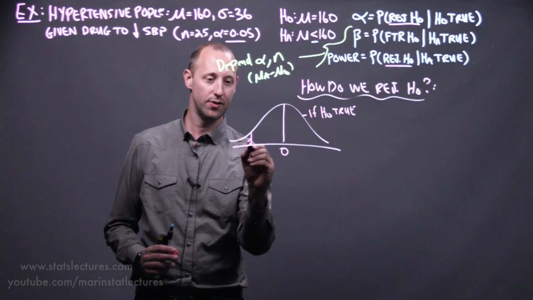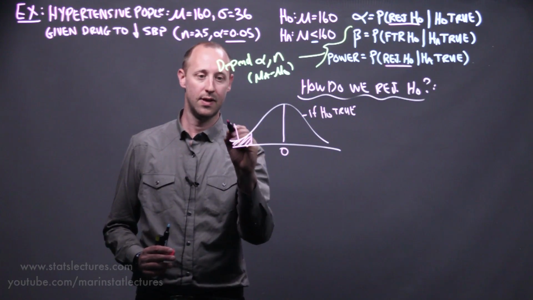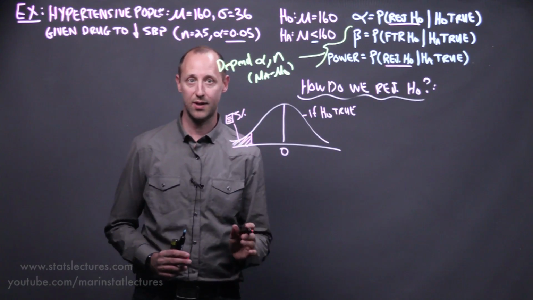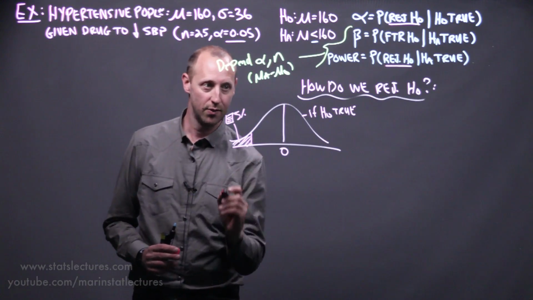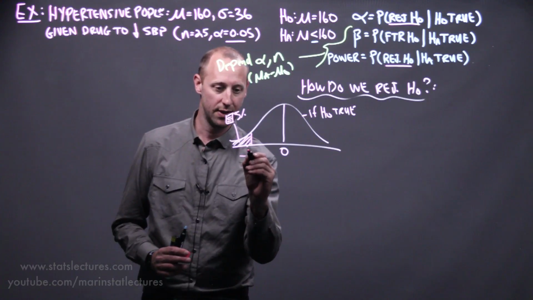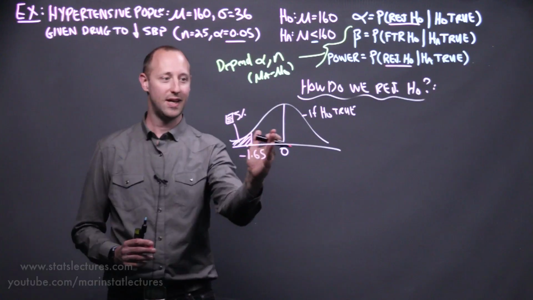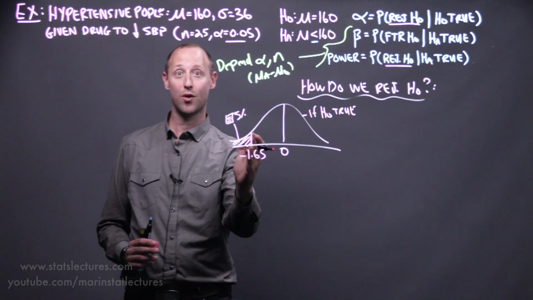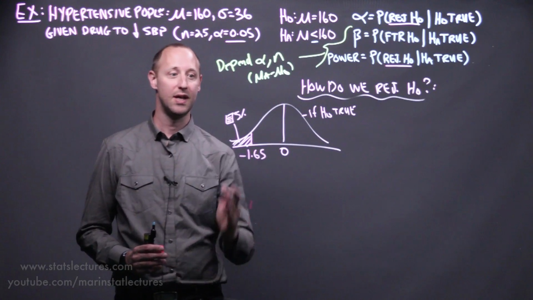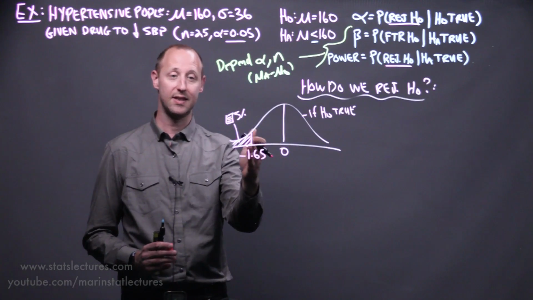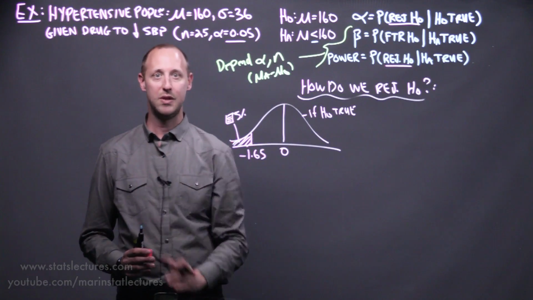What value for the test statistic has 5% below it? Okay, and if we look that up in the Z table, we're going to find it's approximately negative 1.65. So any test statistic that's 1.65 or more standard errors below the mean is going to have a p-value less than 5%. Okay, so again, any test statistic less than negative 1.65 means we'll reject the null.